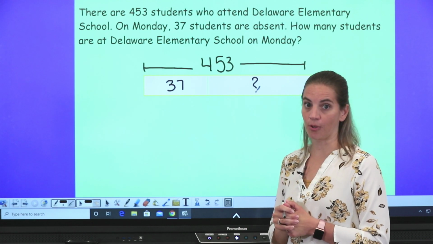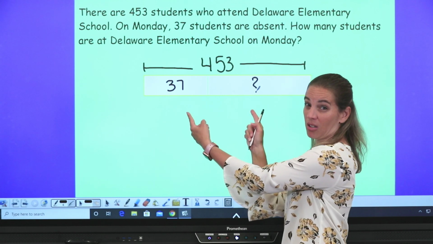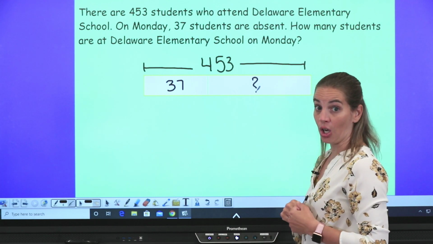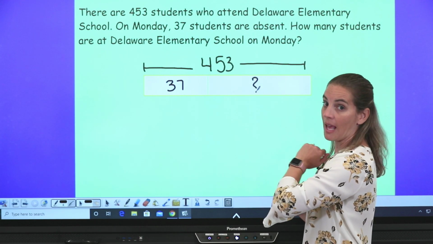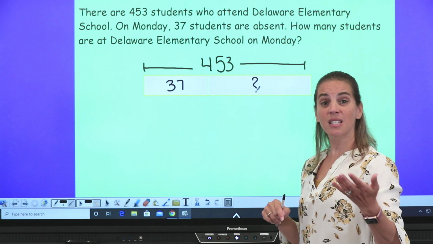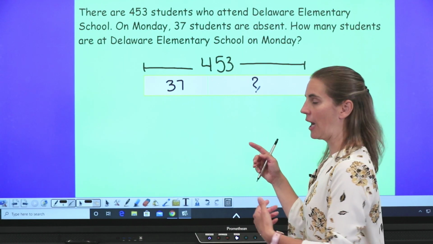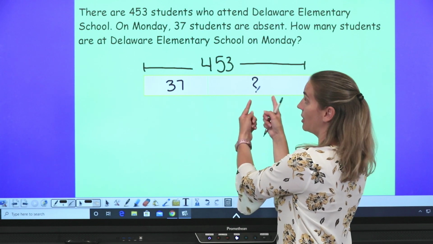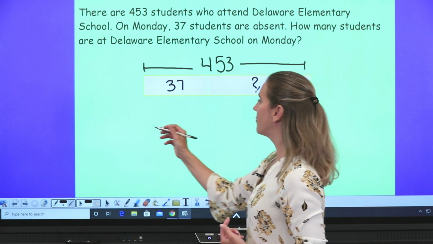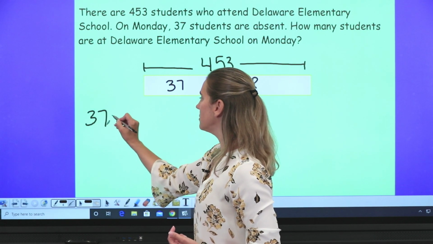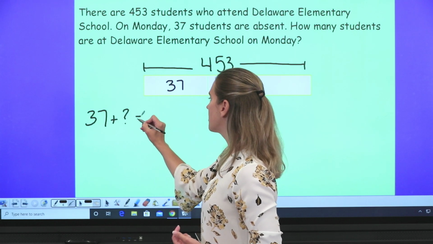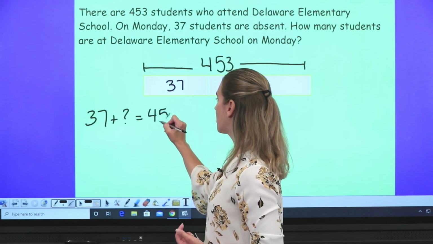Okay, this one is tougher because I don't know both parts. What I do know is the total and one part. So let's make some fact families to help us solve this. So I'm going to start with my addition fact families. I know that if I add 37 plus my question mark, I'll get 453. So 37 plus my unknown is 453.